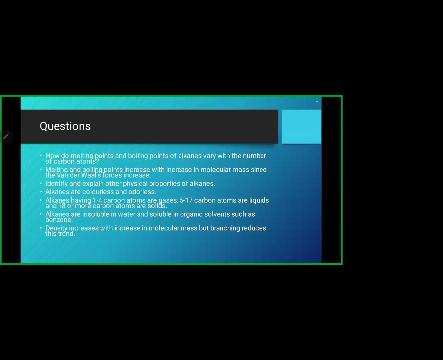So a given compound with one carbon atom and another compound with 3 carbon atoms: the molecular mass of the one with 3 carbon atoms is higher than that of the one with 1 carbon atom. So basically, density increases with the increase in molecular mass, and branching reduces this trend.